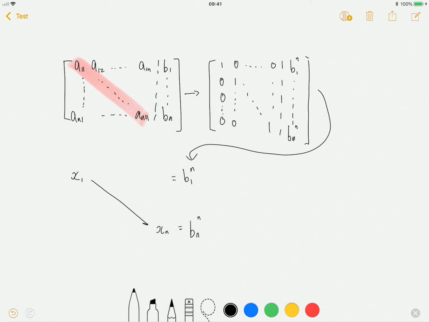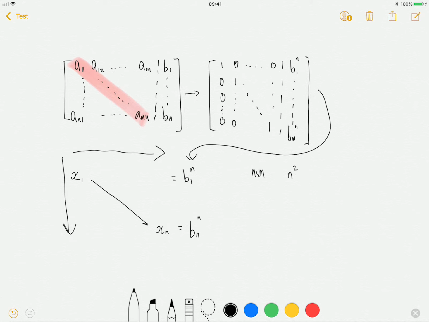Now this is an n by n matrix, which means that the amount of operations that we need to do is initially n squared. So we perform our operations across the column, n columns and n rows. So this means initially we have n squared computations.